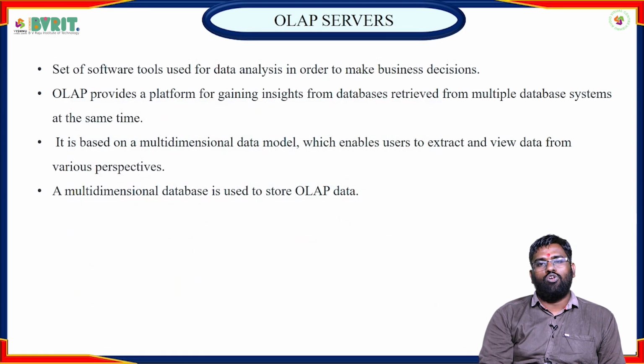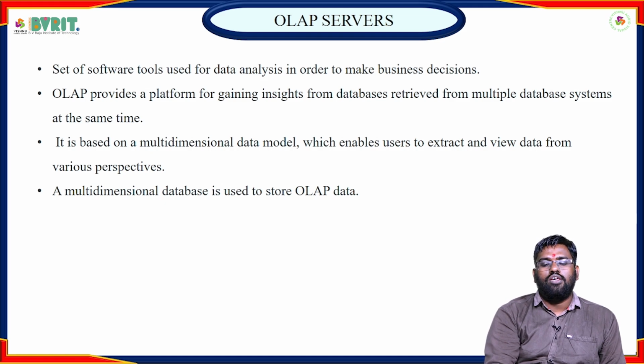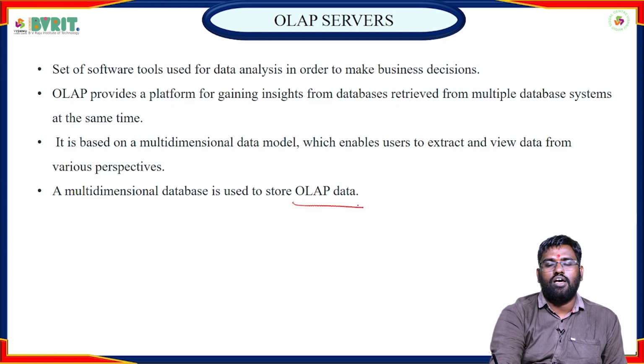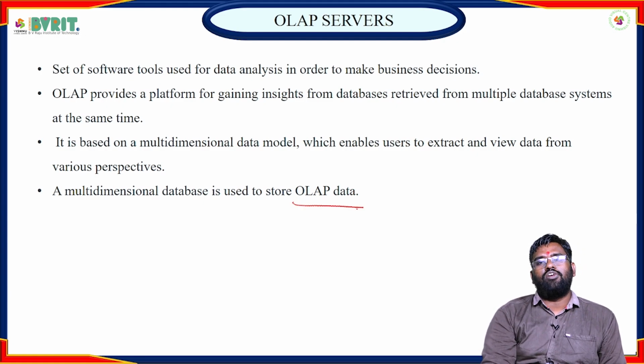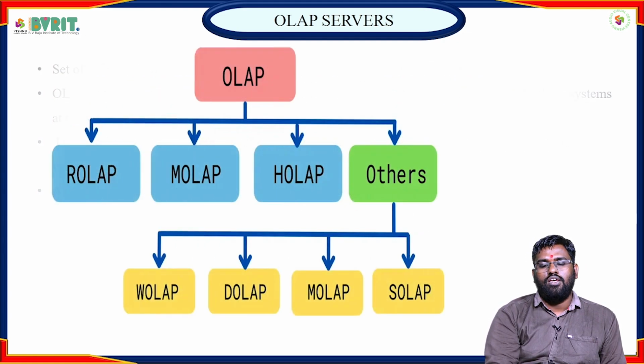Next one, how to implement the OLAP server. This OLAP server is used to implement the multi-dimensional models. These multi-dimensional models are used to store all the OLAP data, and that OLAP data comes in different formats, which I will show you. See, these are the different format types of OLAP servers. Now coming to the first one, ROLAP. ROLAP means Relational Online Analytical Processing.